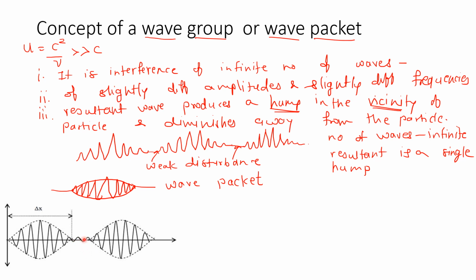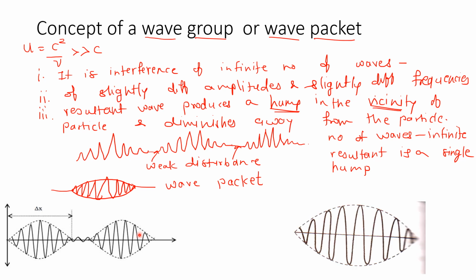So when the number of waves goes on increasing, these two wave groups will be more and more separate. And finally, when the number of interfering waves becomes infinite, it results in a single hump. So this will be the wave packet. There is no disturbance outside, right? So this is the concept.